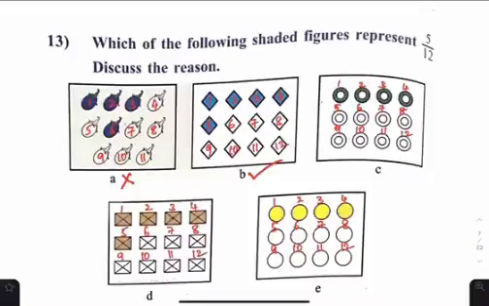Now the justification is what we are discussing now. The total object is divided into 12 segments, so that becomes the denominator here, and the numerator is the number of segments that are shaded here. That comes up to 5. Hence this figure can be considered.